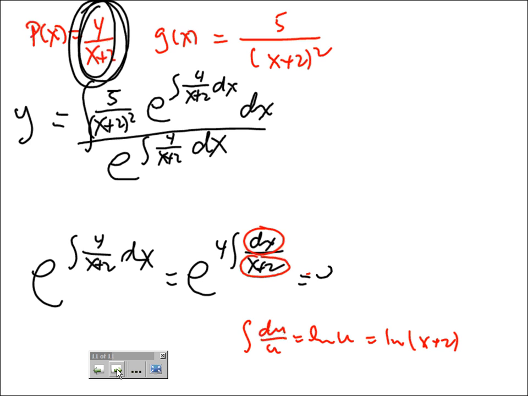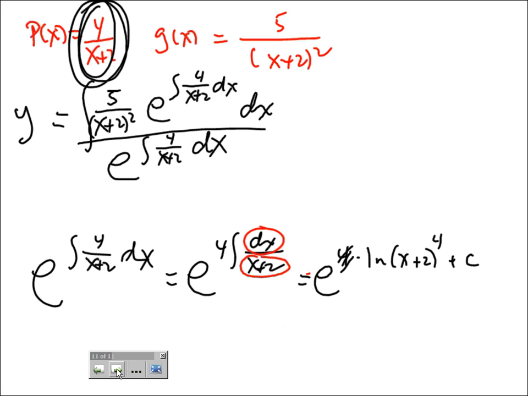So what we get is e to the 4 times that integral. But that integral is this, plus a constant. Now this 4 can come up as the power. And I can even call this c ln of c.